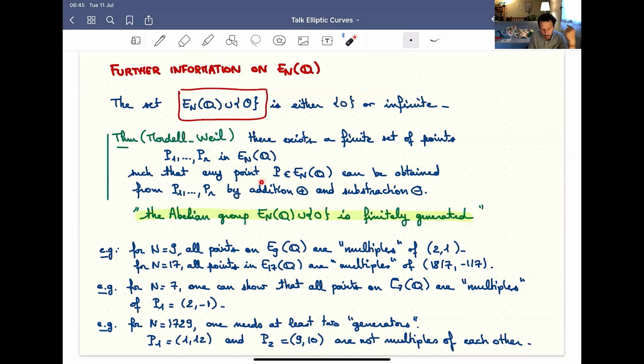Any solution, any point P in E(Q), can be obtained as an addition and subtraction of those points P1 up to PR. So any point P, you can write it as, for instance, P1 plus P1 minus P2 minus P3 minus P3 plus P4 up to, I don't know, 5 PR, okay?